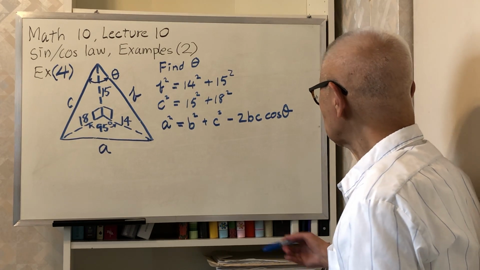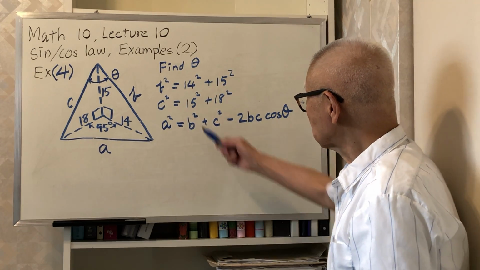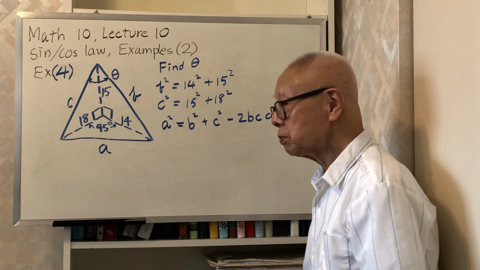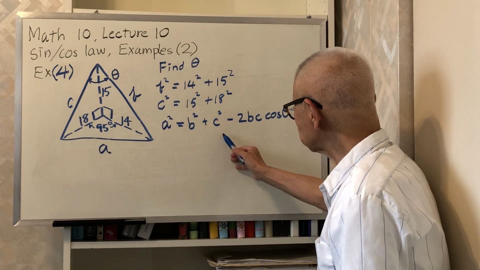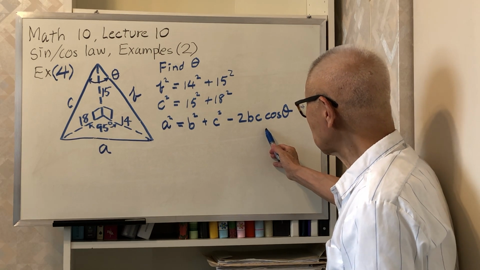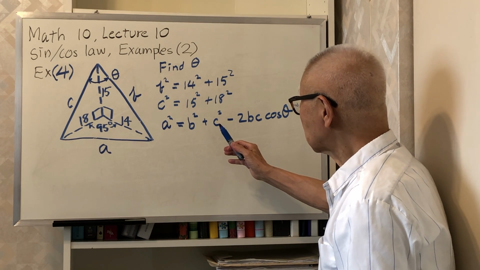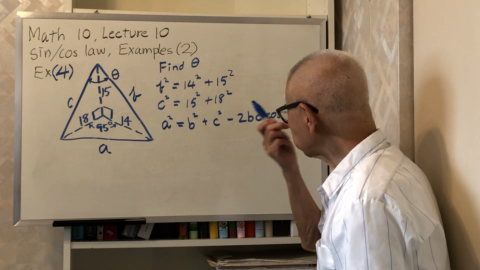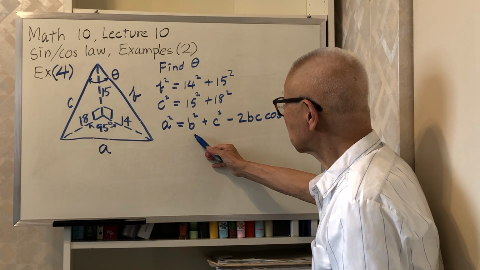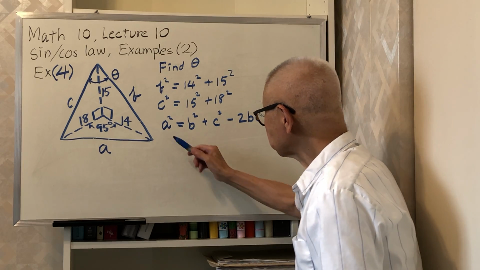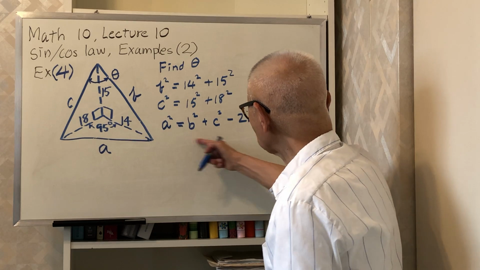So from this, I find B. From this, I find C. Once I have B and C, put B and C here. Now I need A, right? From this triangle, I have cosine law.